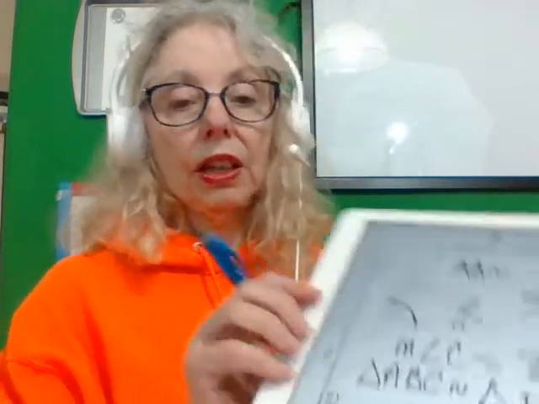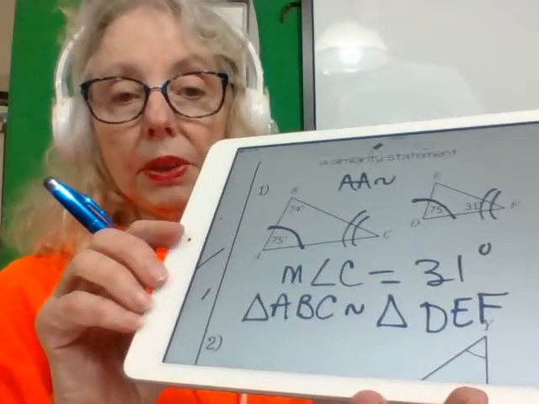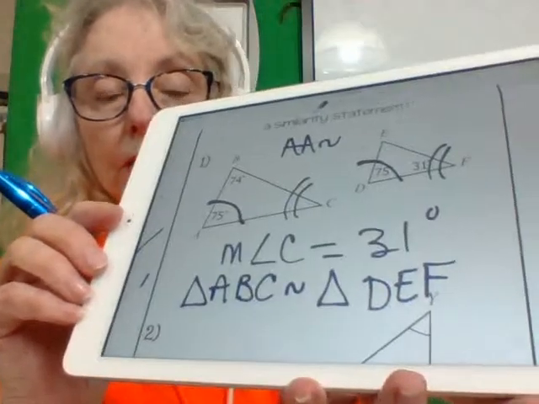And then we write the similarity statement, I'm sorry, not congruency statement. We would say that triangle ABC is similar to DEF. And that's your similarity statement. Okay, so that's for example 1.